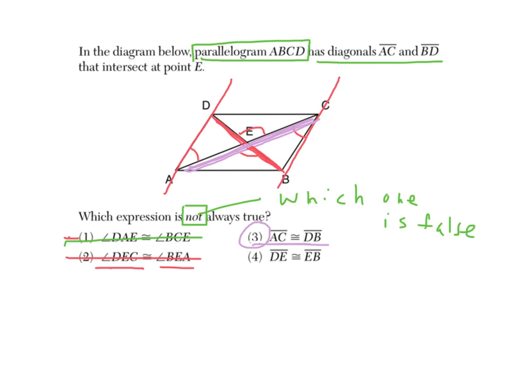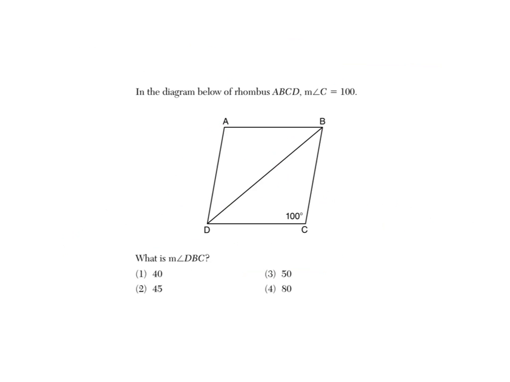So this would have to be the one that is not true, and that's the one we're looking for. If you continue on and look at the other choice, DE is the same as EB. That is true, but we're looking for the one that's not true. So it has to be choice 3.